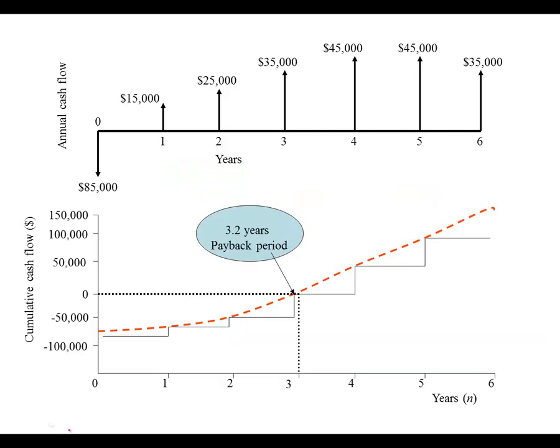If we actually create a cash flow diagram for that, then with a cumulative diagram we can see how it pays back at year 3.2, and this is the payback period or point.